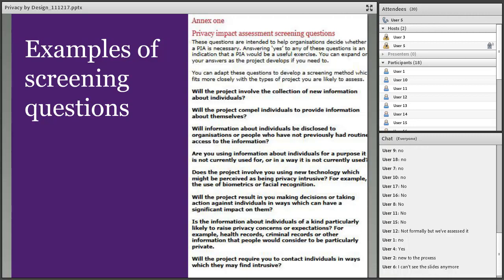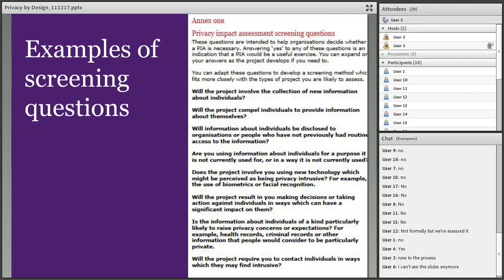Does the project involve you using new technology which might be perceived as being privacy intrusive, for example, the use of biometrics or facial recognition? Will the project result in you making decisions or taking action against individuals in ways which can have a significant impact on them?